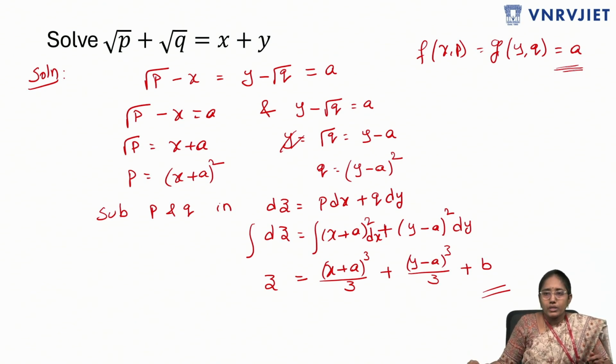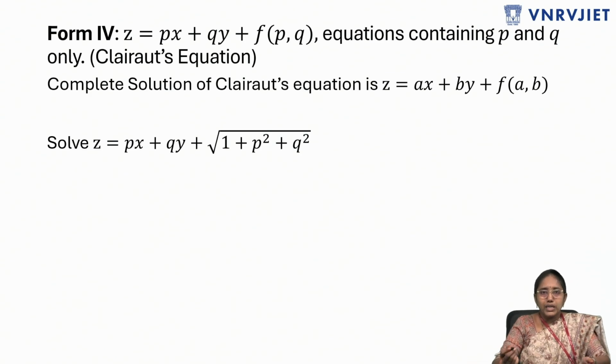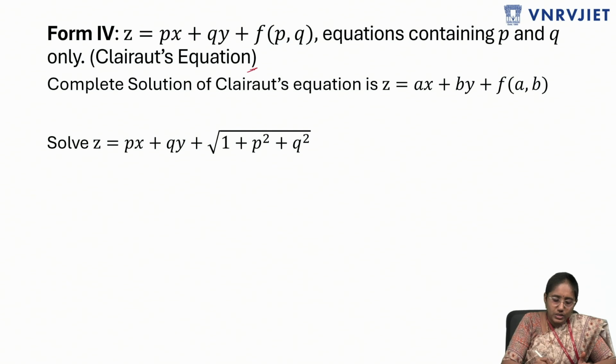Next, we go to the next method, that's the fourth one. Now, if z is equal to px plus qy plus f of p comma q, an equation containing p and q only, this equation is called Clairaut's equation. Only this particular form is suitable for this method; no other forms are suitable. Sorry, there was a mistake.